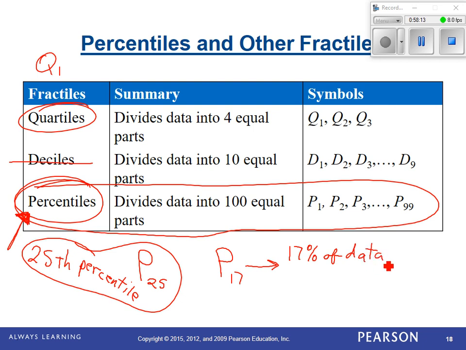So what that's telling you is 17% of the data falls at or below that certain number. So if you're at the 17th percentile on a test, is that good or bad? Not very good, because 17% of the people scored lower than you. Well, that means that 83% scored higher than you.